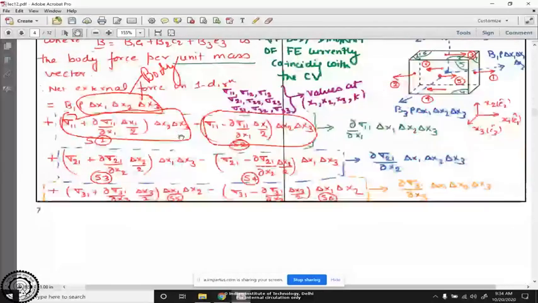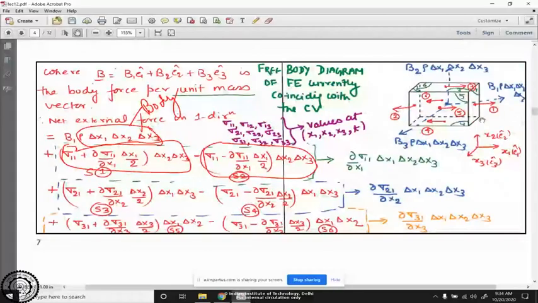So when I am trying to find the net force in one direction on the Fe, I should put a minus sign here. So there are 2 minuses. One is minus because of the Taylor series, and then there is one minus because that force is actually oriented in the minus E1 direction. So S1 and S2 contribute this much surface force along one direction.